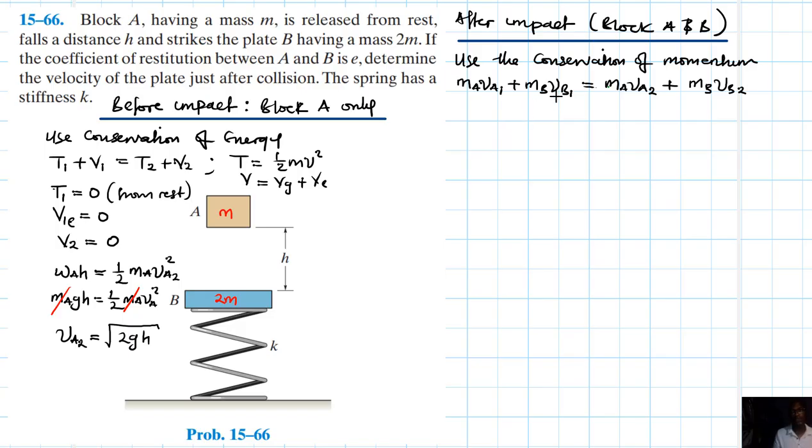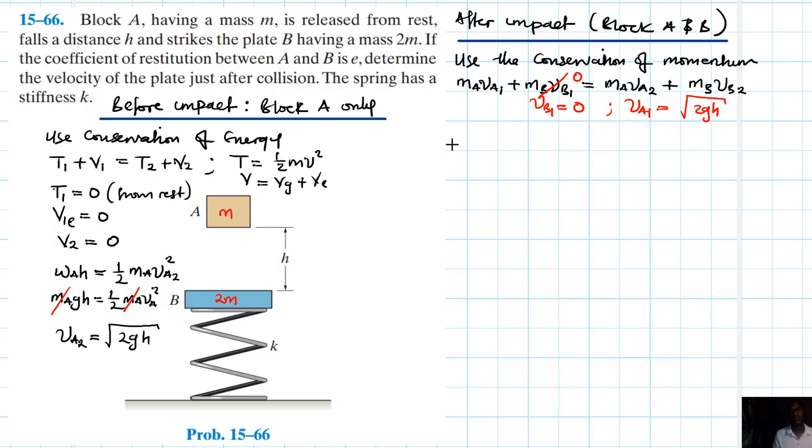And since this part here is 0, because our v_B1 is 0 at this point, it is at rest, and our v_A1 here is just equal to the square root of 2gh. This is what we found here. Don't get confused with 1 and 2. We're just using the same numbers, but we are in a state after impact.